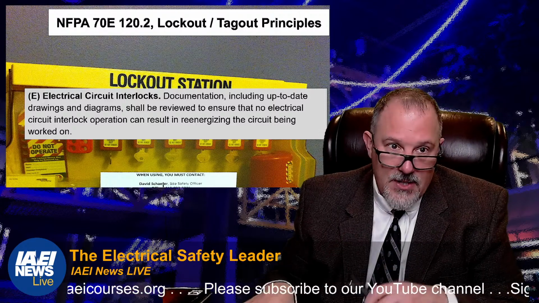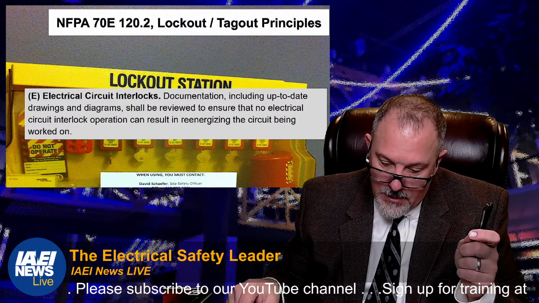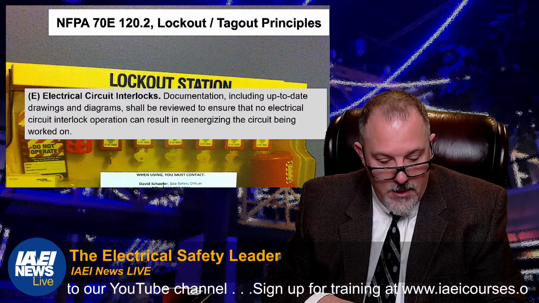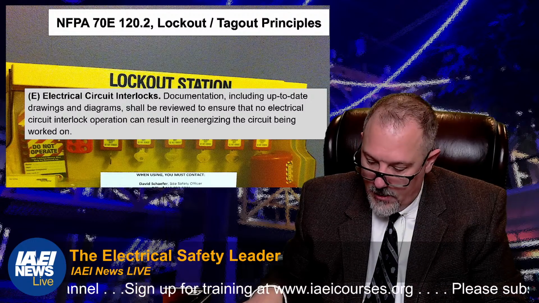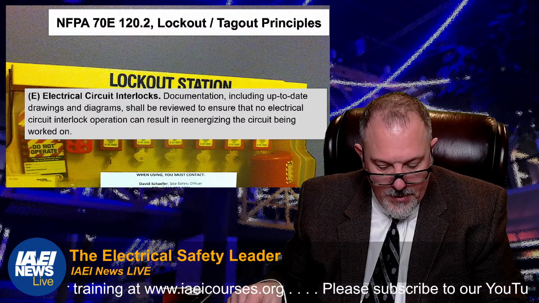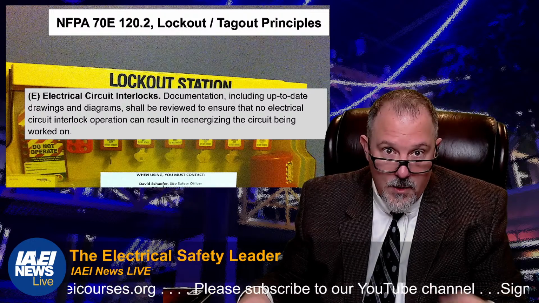E says, now that's 120.2. Electrical interlock, that should not be 120.2, that should be 120.4. And I'm going to look at the numbers. Some of these have changed, and this is one of them.